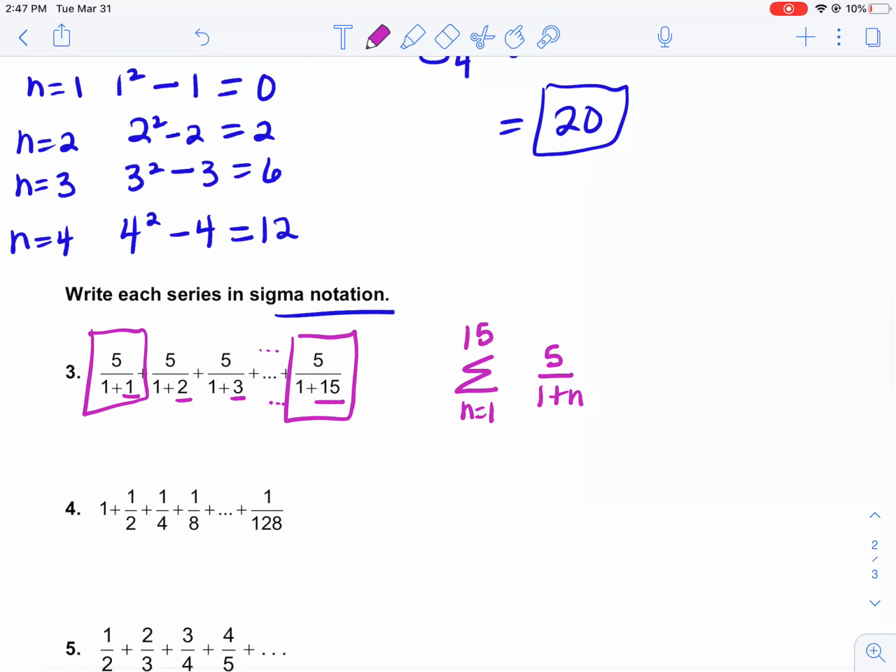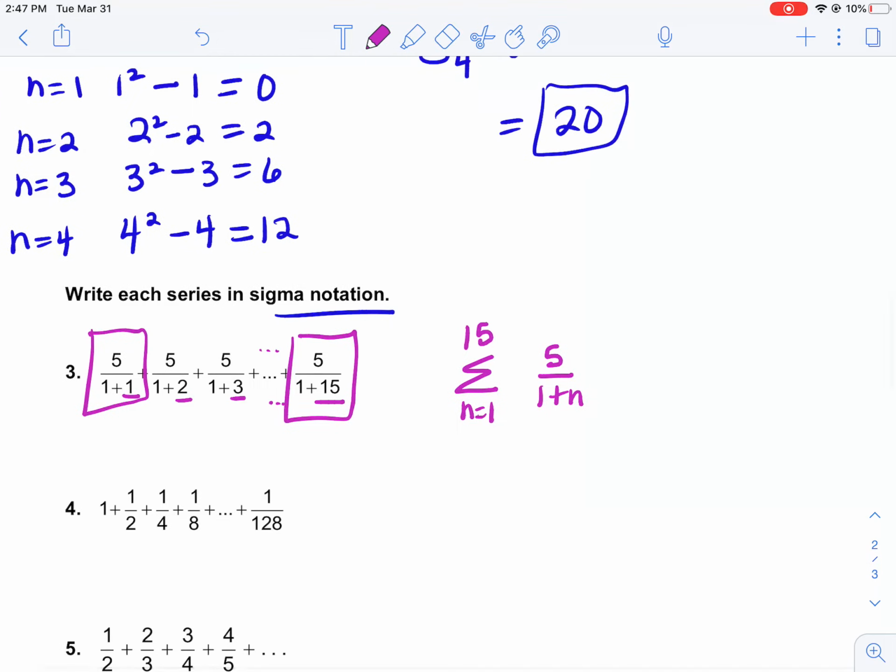So this is the rule. If I plug 1 in for n, I'd get the first term. If I plug 15 in for n, I'd get the last term on there. Why don't you guys go ahead and take a few minutes and try questions 4 and 5 on your own. And then when you come back, I'll give you the solutions to these.